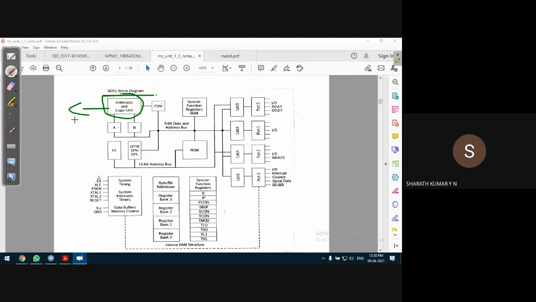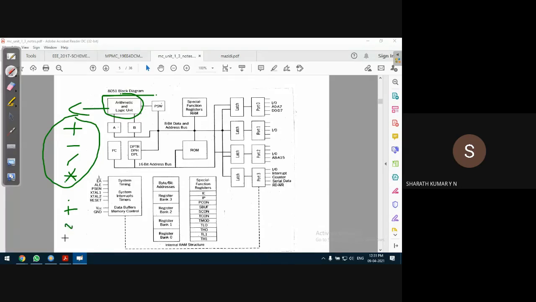We have seen the various arithmetic and logic operations: addition, subtraction, division, multiplication, and other operations also, because we can write programs to perform other operations using these basic operations. When it comes to logical operations, we can perform AND, OR, and complement operations.